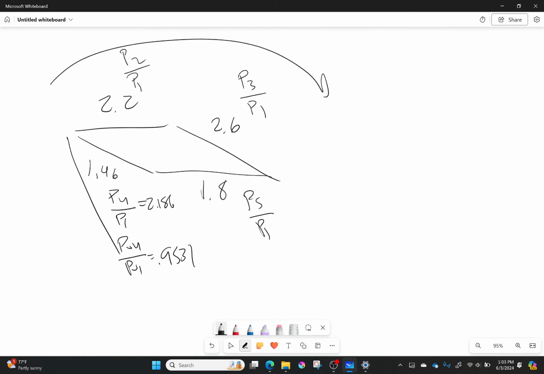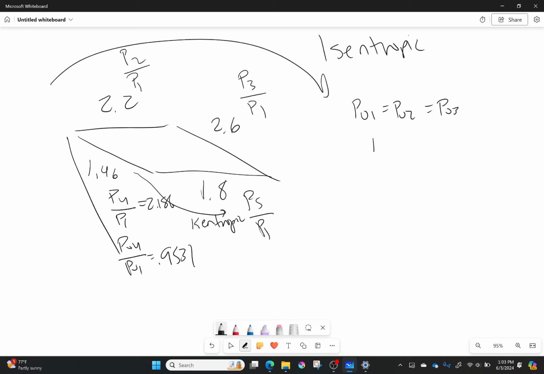We need to remember that that was isentropic, okay? The second thing is that from here to here was also isentropic. So this actually makes it very, very simple for us. What do I mean by that? Well, first off, I know that P01 is equal to P02, which is equal to P03.